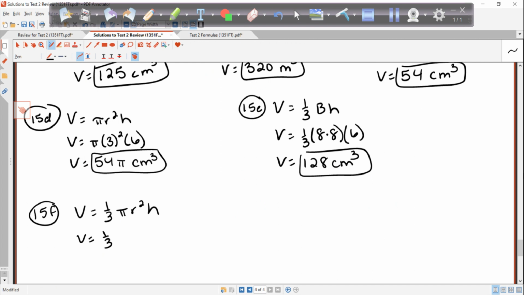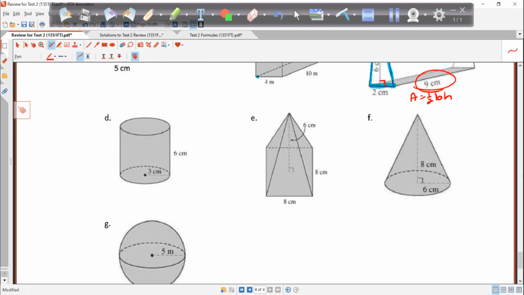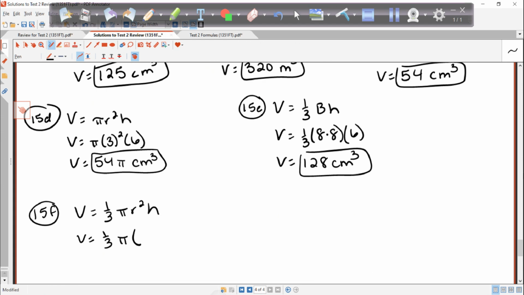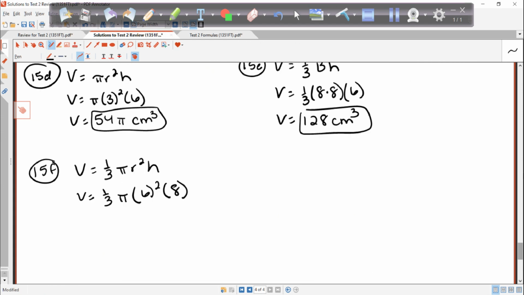So 1/3 pi, r is 6, and the height was 8. Now again, we need the height on the inside because we're talking about the volume. And so 1/3 times 6 squared times 8 gives 96. We have a pi. It's measured in centimeters, so centimeters cubed.